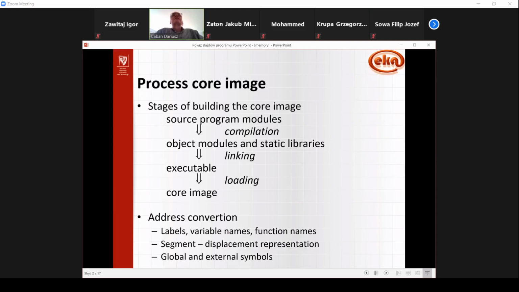In that table, you have information where from within the compiled program a reference to that variable has occurred, for each such situation, and what is the name of the variable or function that you need to refer to. Okay, so that is the external symbols or external references table. Another table is built also during compilation. That's the table of global symbols.